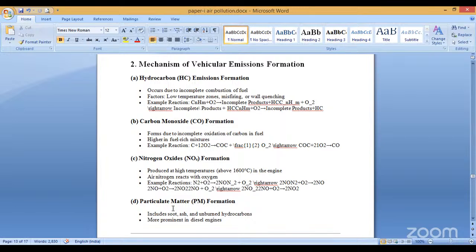These are the reactions which take place in the presence of oxygen with the nitrous compounds. This is the main cause of nitrogen oxide formation.